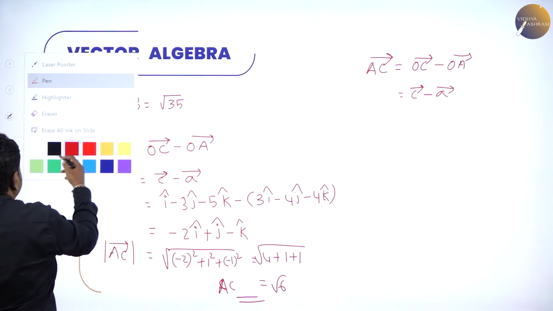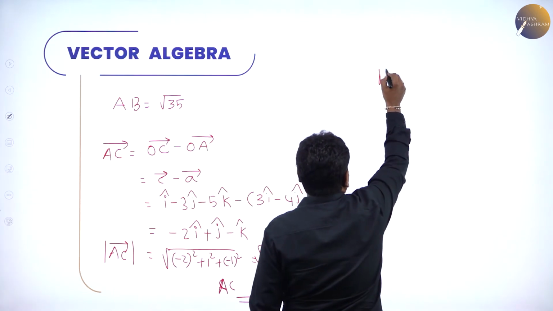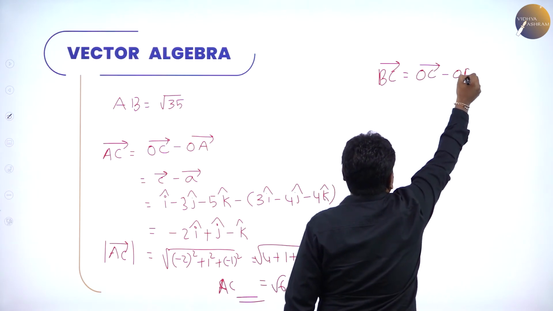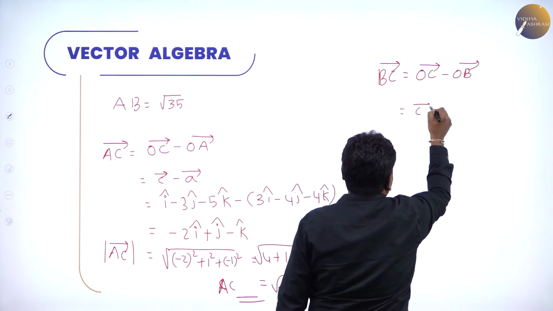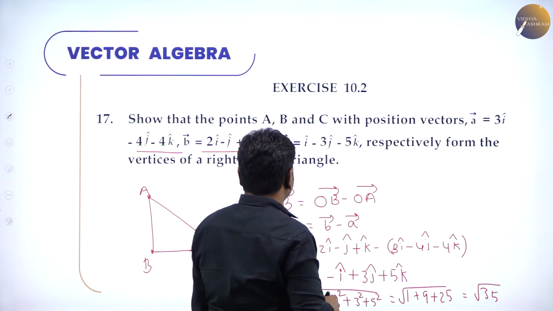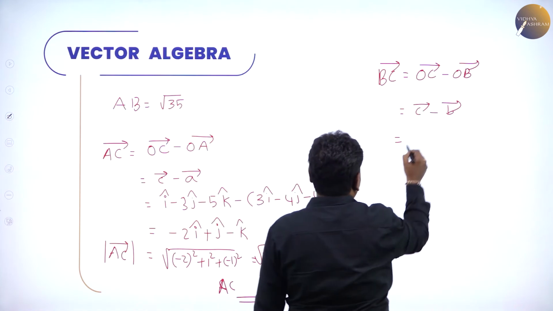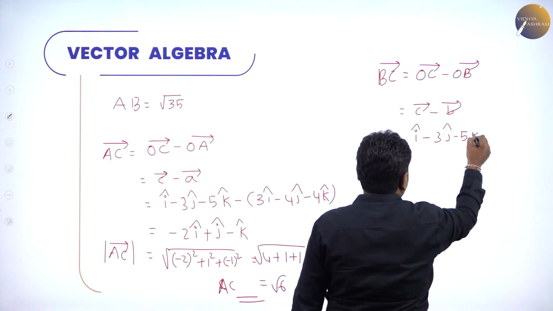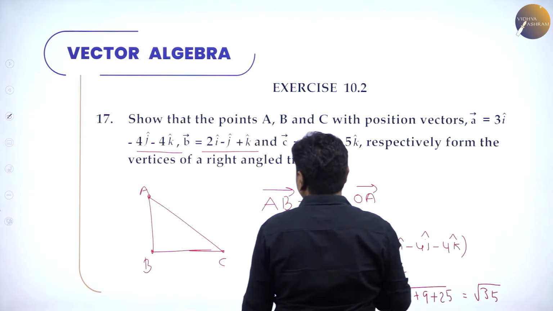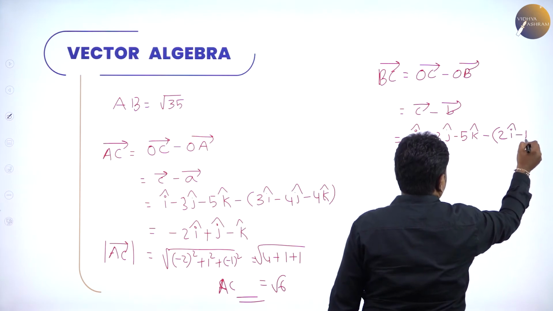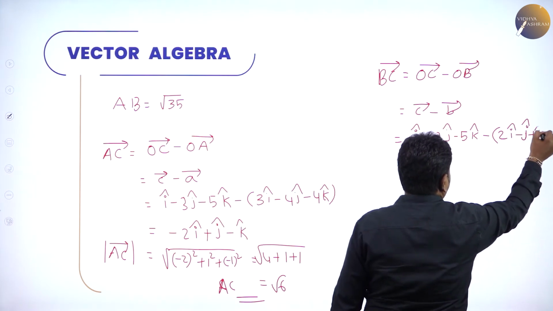Now we need to go for BC. No, let us find BC. How to find BC? Vector BC is OC minus OB. That is C minus B. What is vector C? Vector C is i minus 3j minus 5k, minus B. What is B? 2i minus j plus k cap.